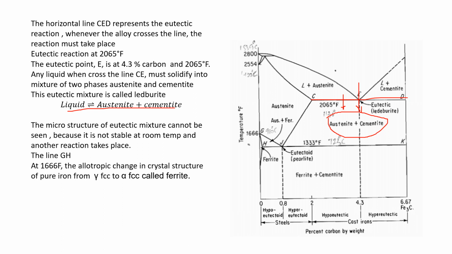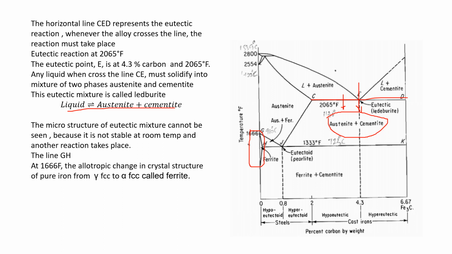What is the line GH? At line GH, at a temperature of 1666 degrees Fahrenheit, the allotropic change in crystal structure of pure iron from gamma FCC to alpha BCC occurs.